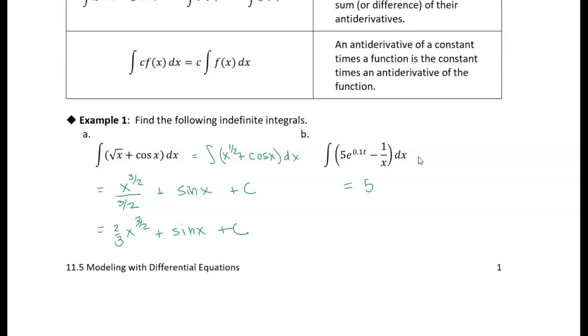And then when I integrate e to the 0.1t, I end up with 1 over 0.1 e to the 0.1t. And then I have minus the integral of 1 over x, which is the natural log of x. And then I have to add plus c. And I can clean this up a little bit because 5 over 1/10 is going to be 50 e to the 0.1t minus natural log of the absolute value of x plus c.